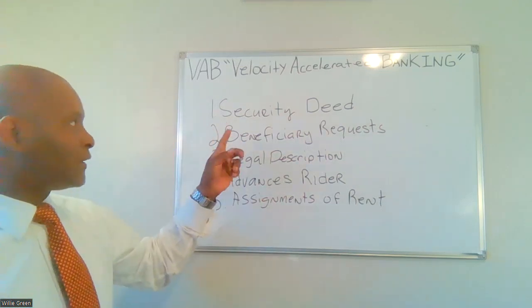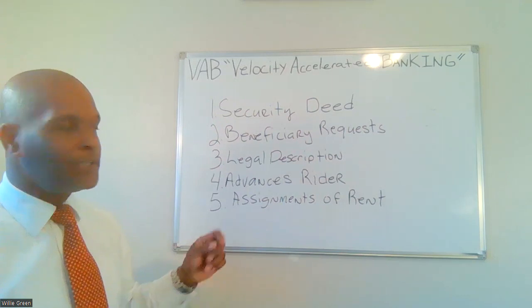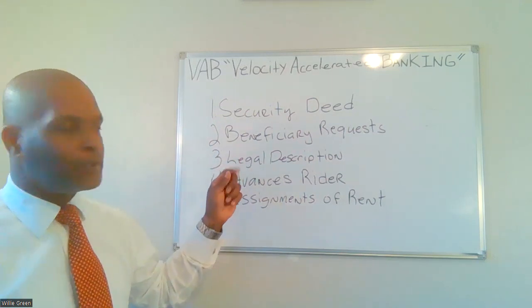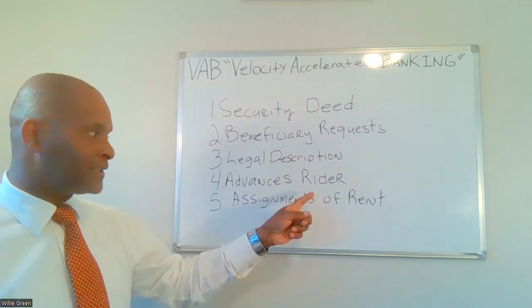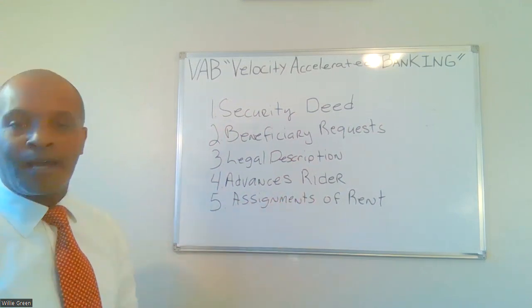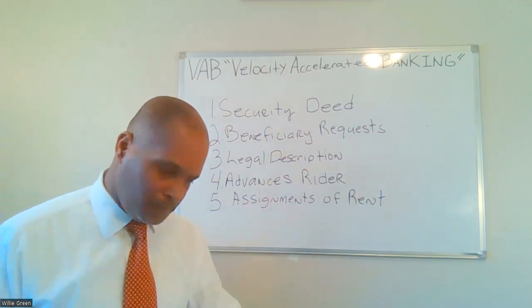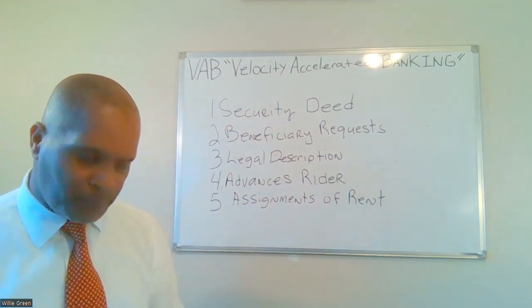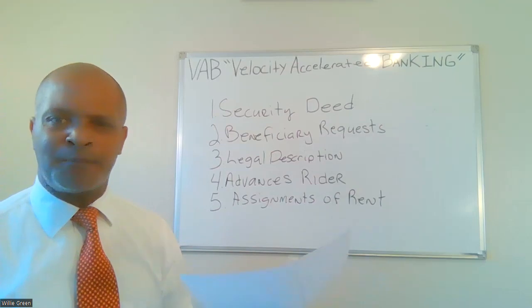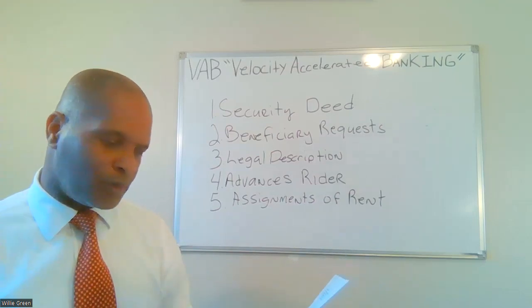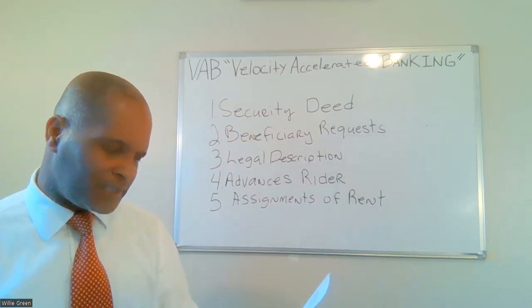One area we're going to be looking at is the security deed, the beneficiary request, the legal description, the advances rider, and assignments of rents. So the security deed basically details the location of the property and a PIN number that your local county tax assessor has.